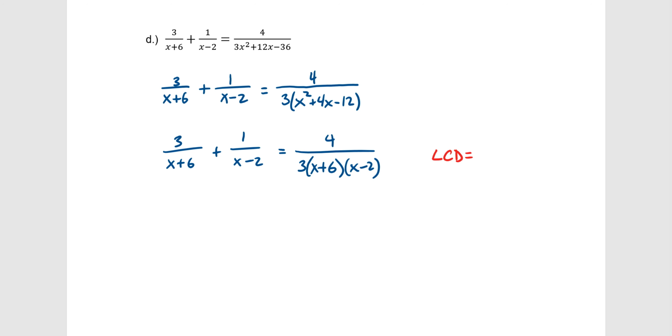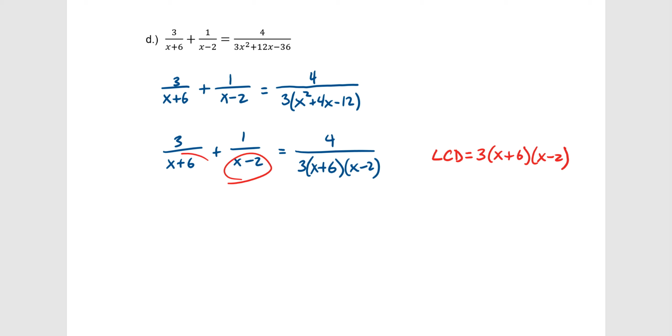Now let's take a look at our LCD. It's going to be essentially the product of every denominator, except we don't have to write the same factor more than once if it already appeared. So let's look at this big denominator. Our LCD so far would be 3 times x plus 6 times x minus 2.